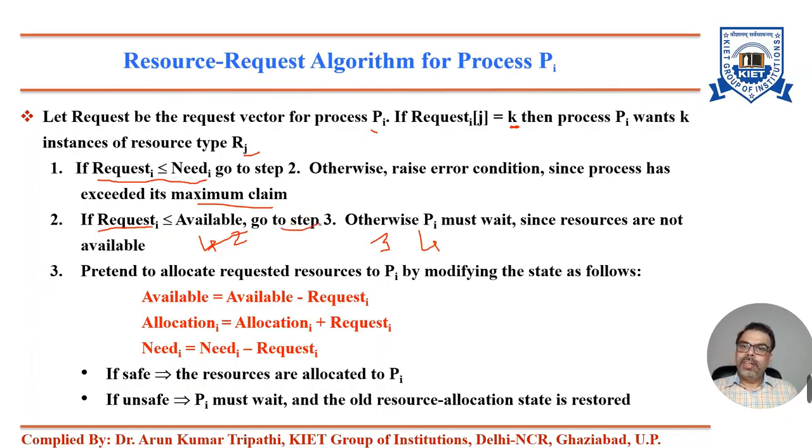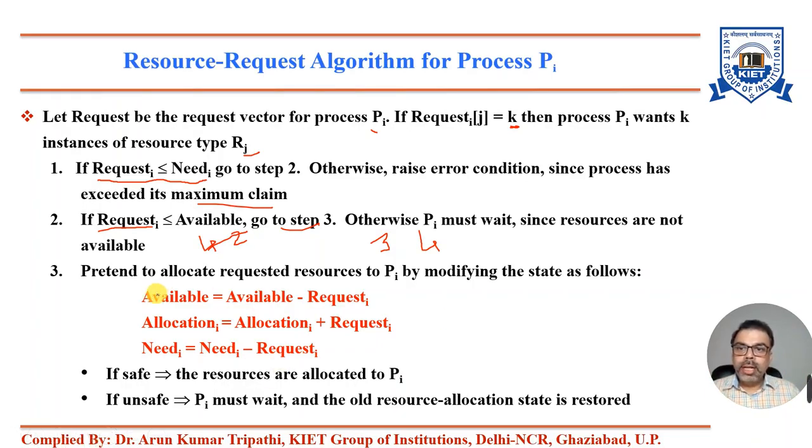Now, if yes, then for the process which has requested the resource, what will happen? From where will the resource be allocated to me? From Available. Whatever resources the system has, it will be subtracted from that, meaning it will be allocated from that only.